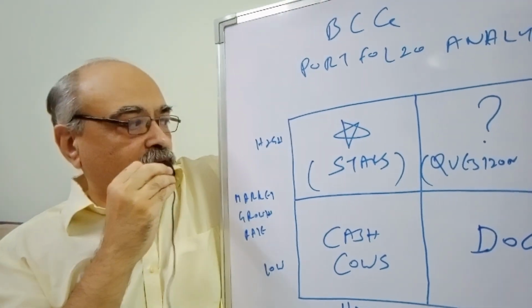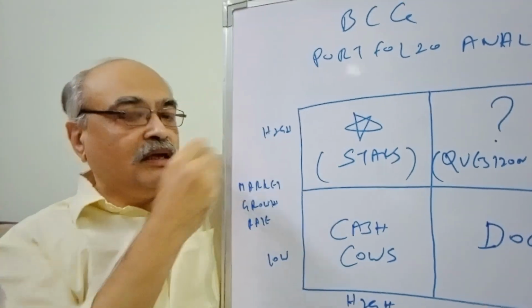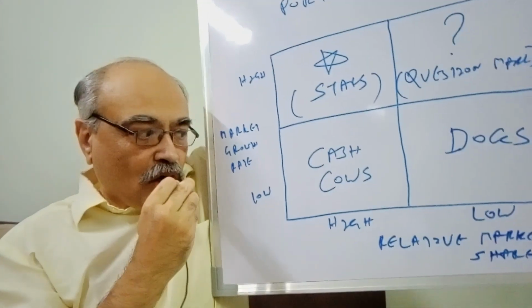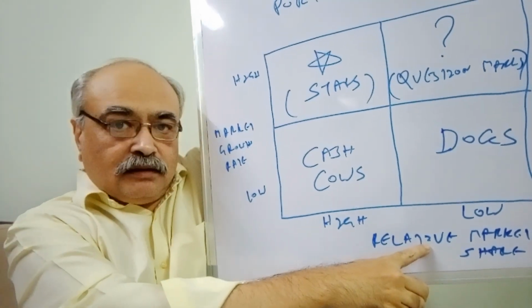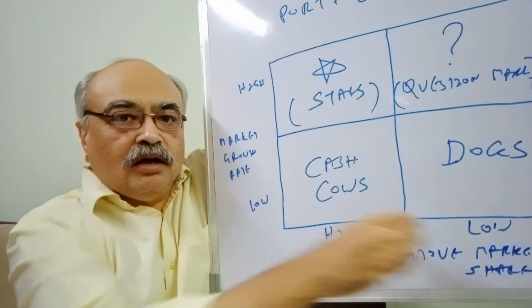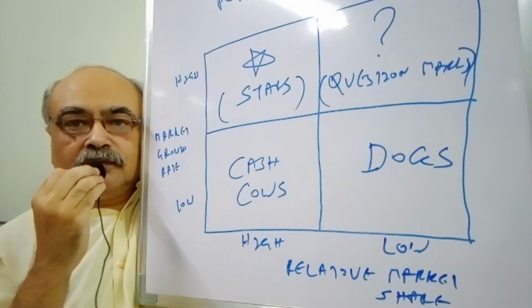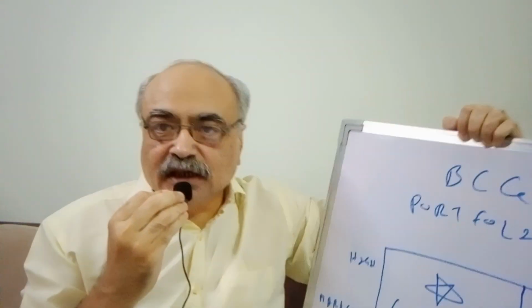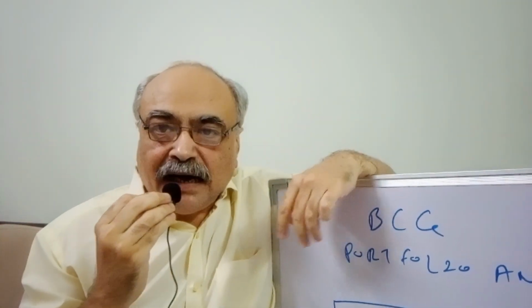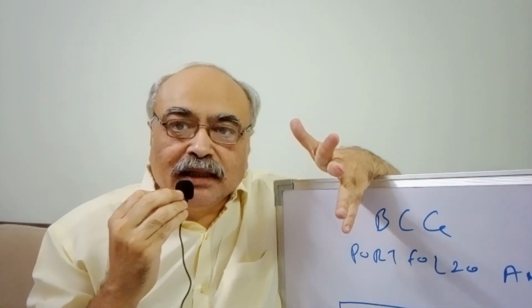Question marks are where the market growth rate is high, but your relative market share is low. So the market for that particular business is growing fast, but your position is not strong.